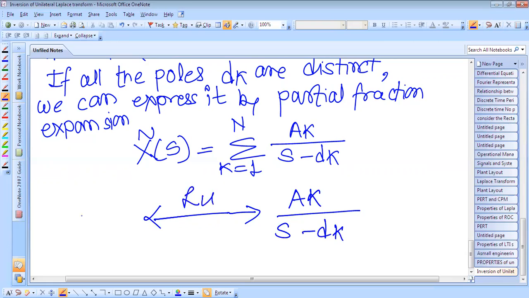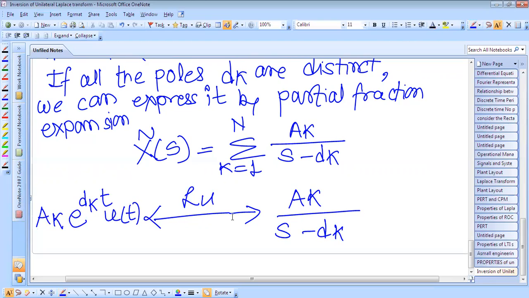The unilateral Laplace transform of e raised to power d_k t times u(t) is 1 upon (s minus d_k), and A_k will also come here, resulting in a pair like this.